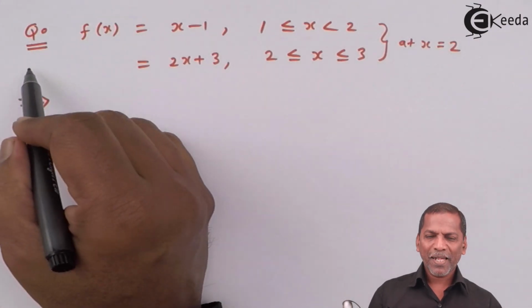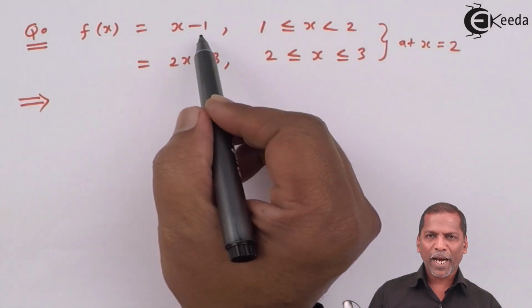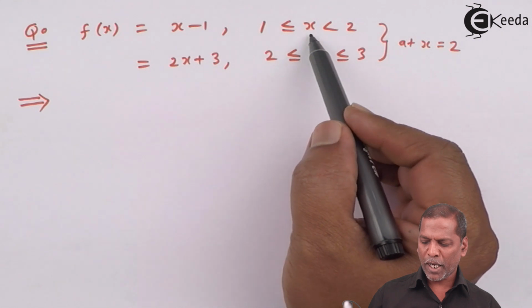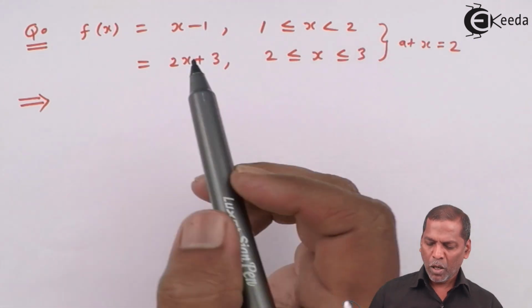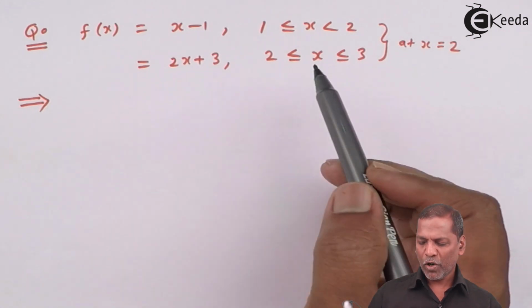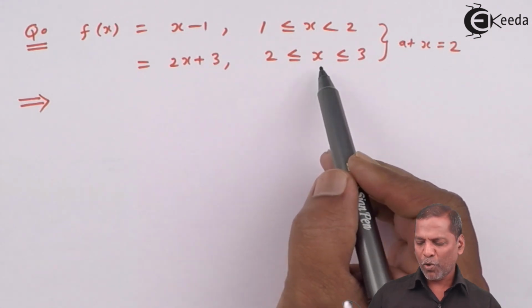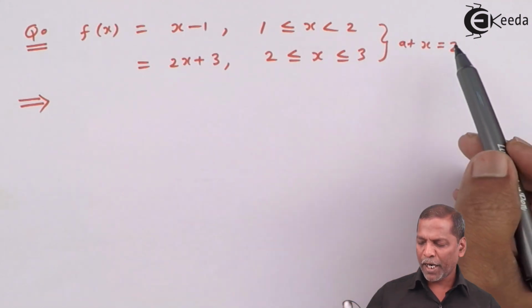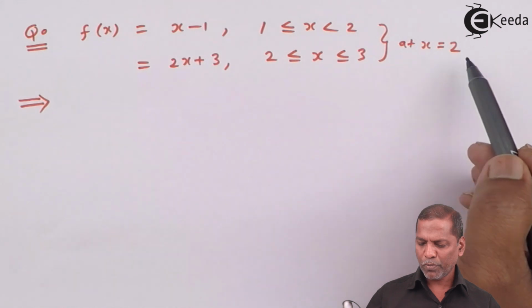The question is f of x is equal to x minus 1, for 1 less than or equal to x less than 2, and equal to 2x plus 3, for 2 less than or equal to x less than or equal to 3, at the indicated point x equal to 2.